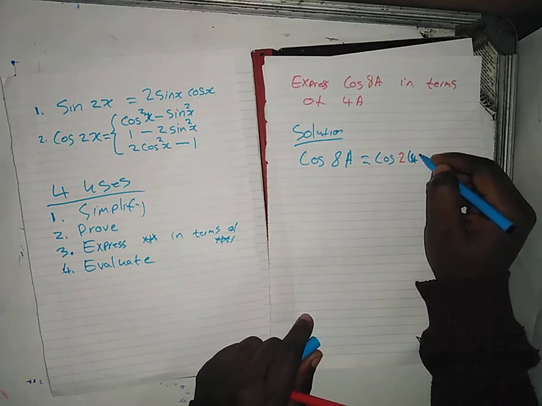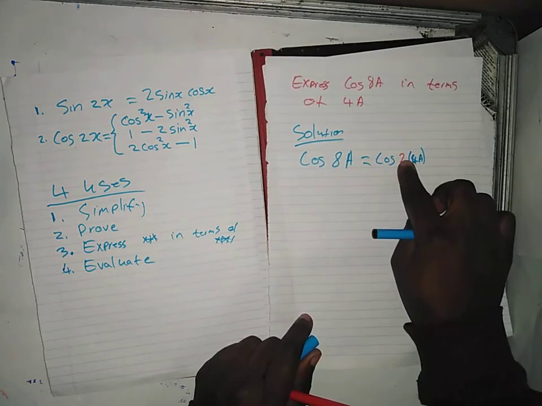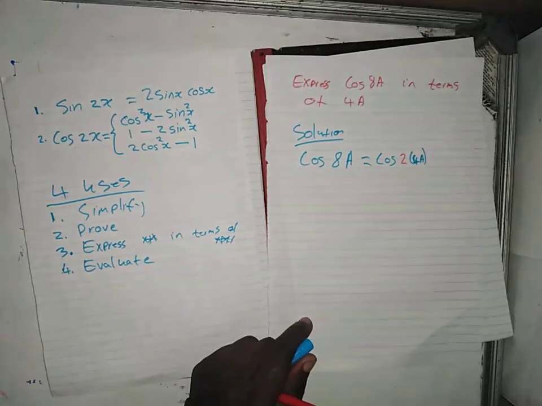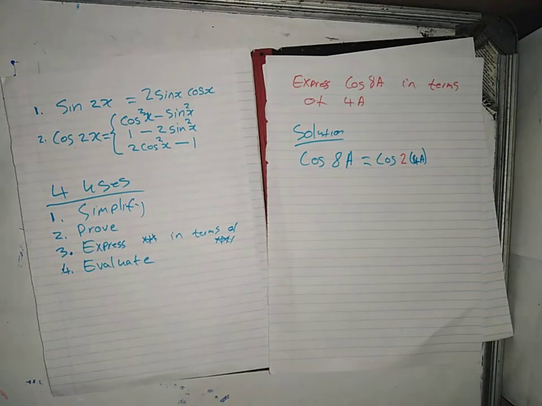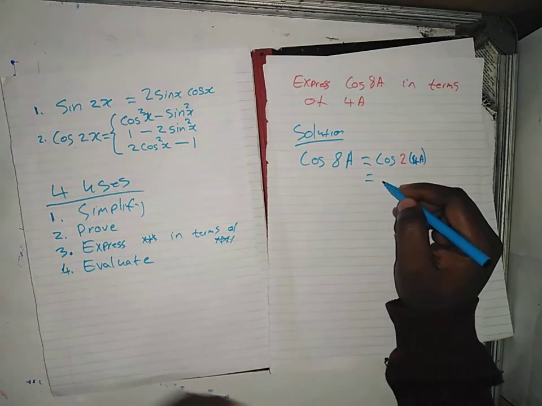So when you say 2 times 4a, you're going to get exactly this. So it is equal to cos 2 multiplied by 4a.